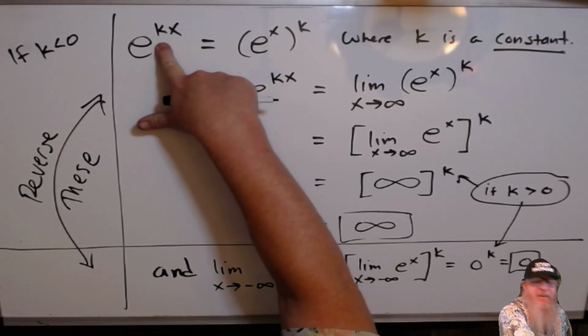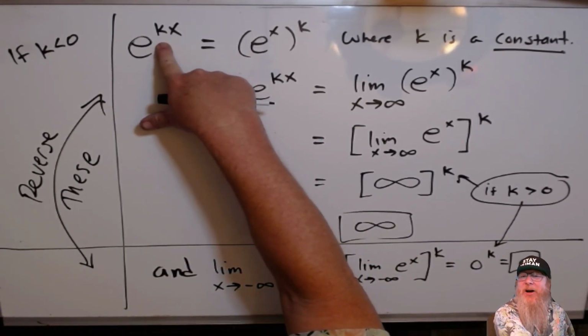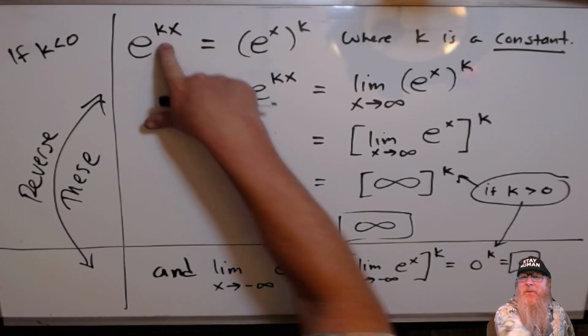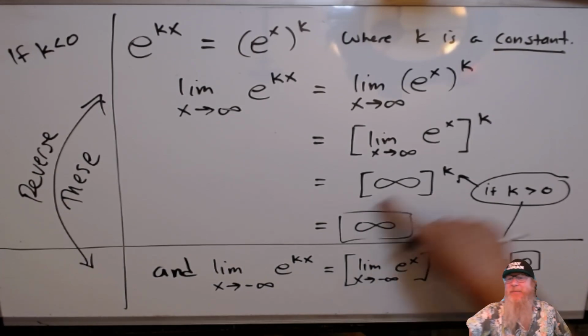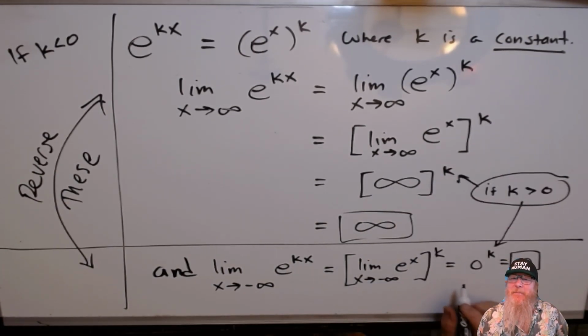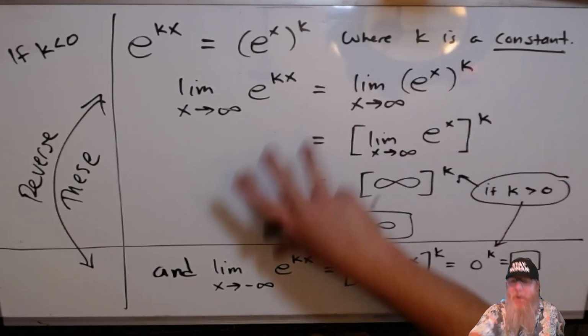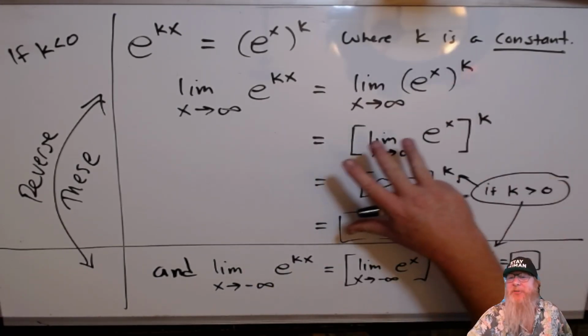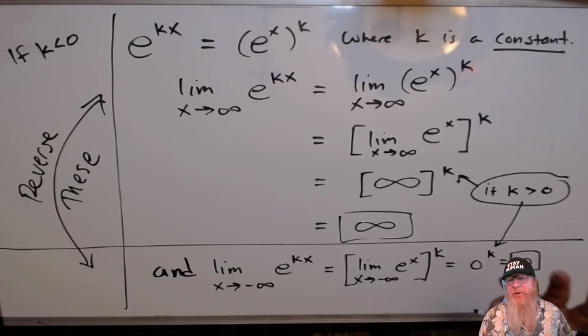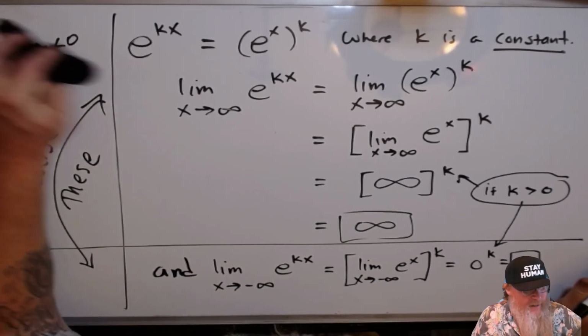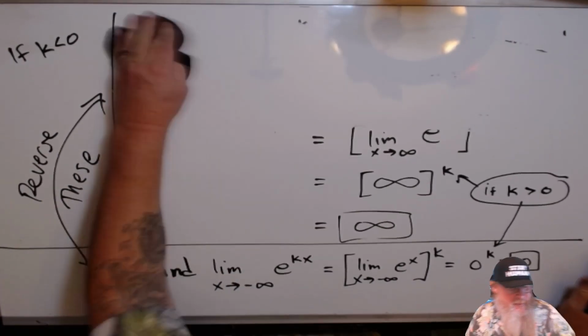So if the constant is a negative constant, then this limit will go to 0, and this limit will go to infinity. It's important that I show you it in the abstract, just using the general constant symbol k. But I want to do an actual number example. So let's go ahead and do that next.